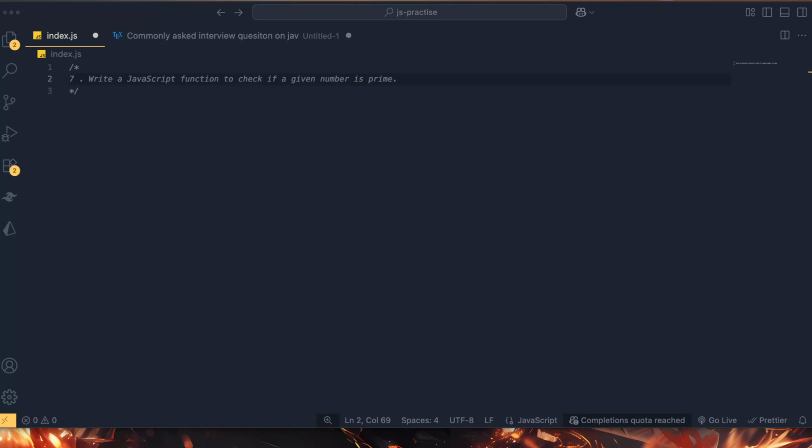First we need to understand what a prime number is. Mathematically, a prime number is a natural number greater than 1 that has only two distinct positive divisors, 1 and itself, which means a number which is divisible by itself and the number 1.